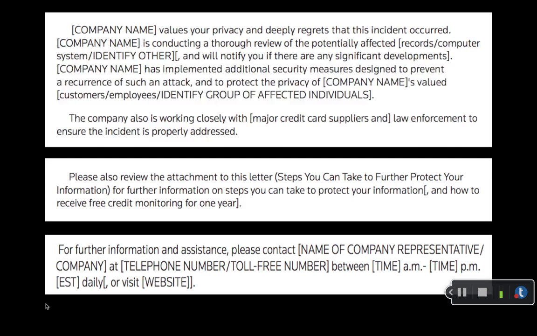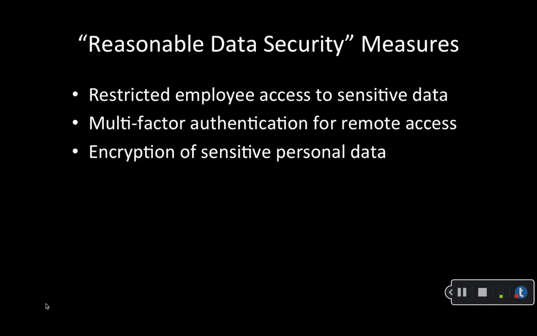We value your privacy. We regret it occurred. We're conducting a review. We'll notify you if there are any developments. Here are the security measures that we've implemented to keep this from happening again. We're working closely with these parties. Please review the letter and the attachments for further information on steps you can take and contact information for additional assistance.